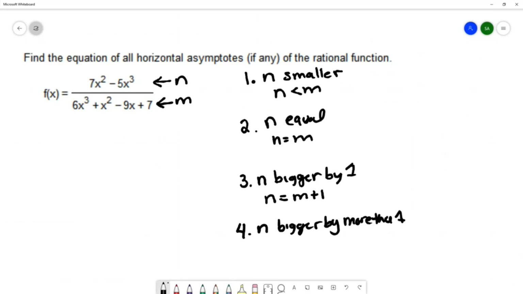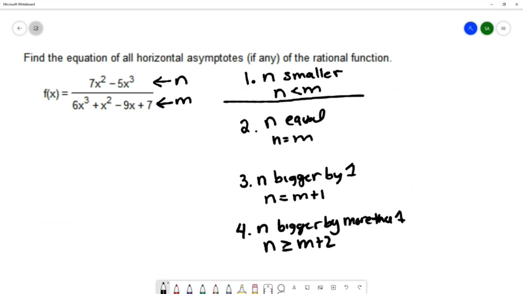And symbolically, we write that as n is greater than or equal to m plus 2. So these are the 4 comparisons that we can come out with. And then we've got to memorize what the horizontal asymptote is in each one of these cases.